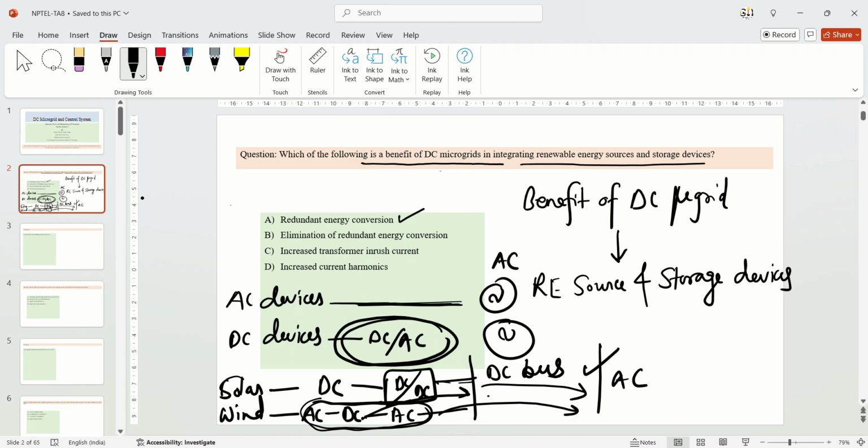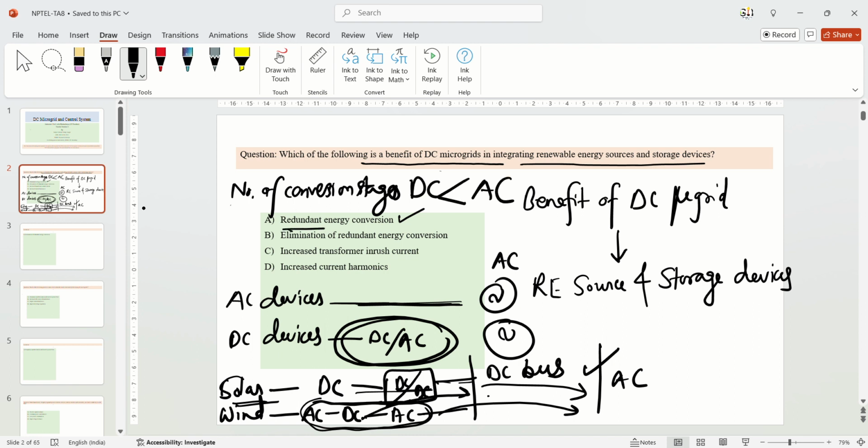If you connect solar directly to the DC bus bar, it's a direct one-stage conversion. So the number of conversion stages is lower for DC as compared to AC.